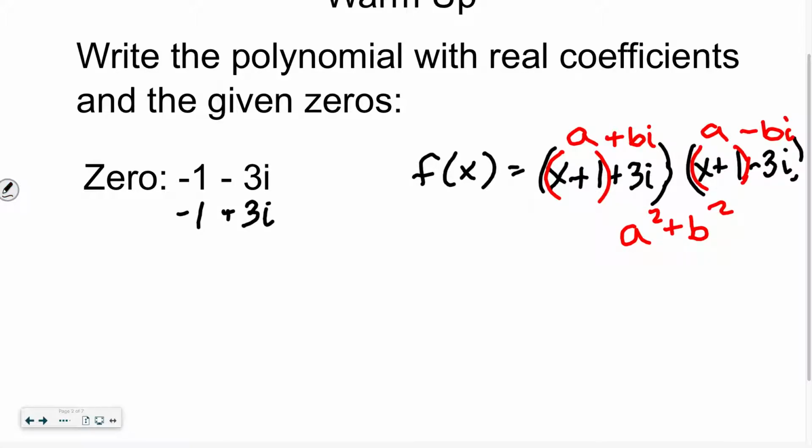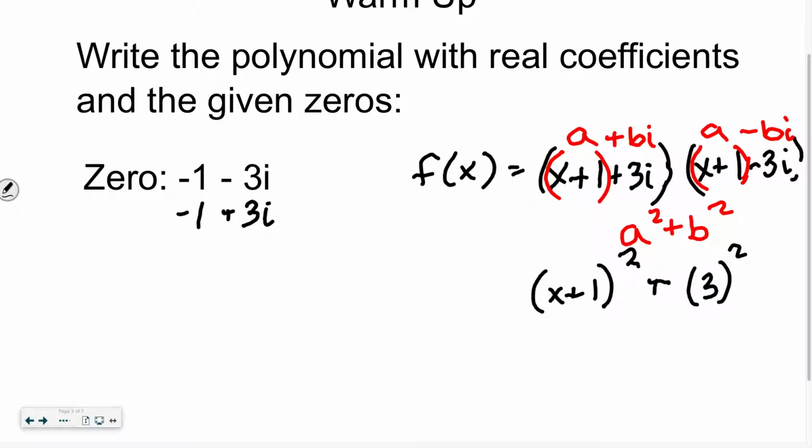Here's the shortcut. If you are okay with this regrouping and seeing those as conjugates, then you can take your a, which is x plus 1, square it, and add to it b squared. B is just the coefficient to the i. So I could use 3, I could also use negative 3, but I'm going to square it so it's going to come out to be positive. So I usually always just pick the positive one.